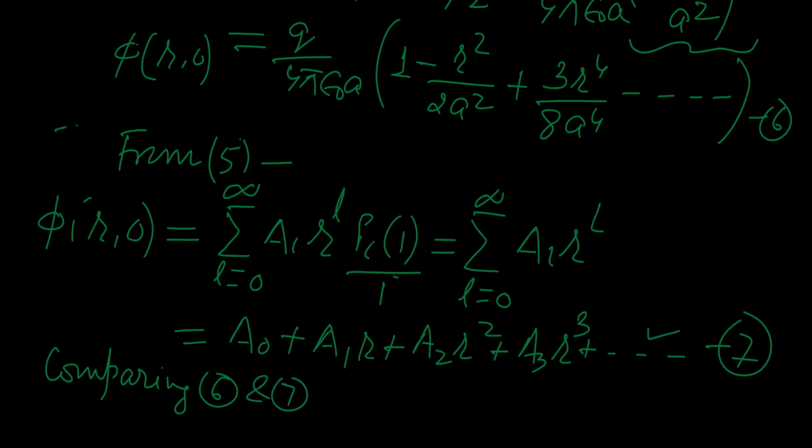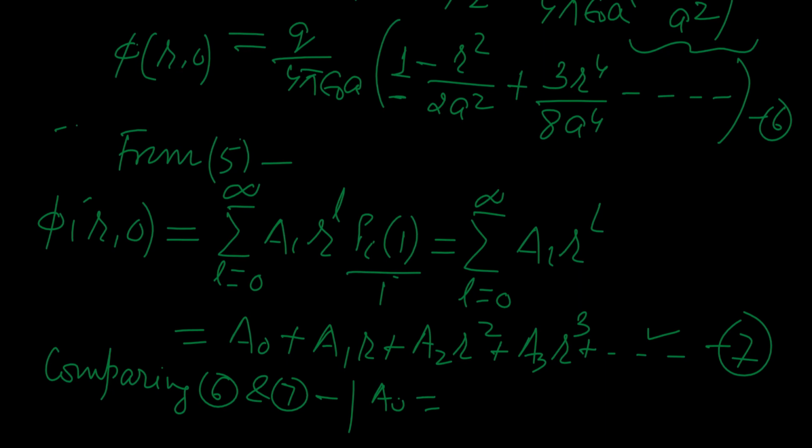What will we get? After comparison, see the equations, A0 means r to the power 0, and in equation 6, the term containing r to the power 0 has the coefficient Q over 4 pi epsilon naught a.